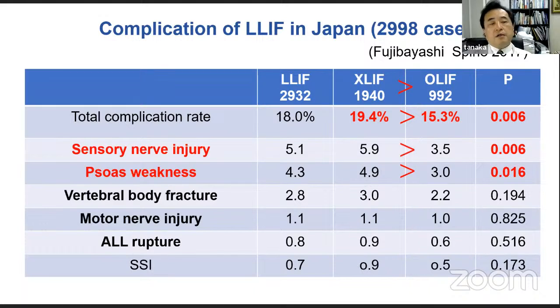It's mainly because for direct approach, you cannot monitor sensory nerve, and also you have to split psoas muscle. That's why the complication rate was higher.